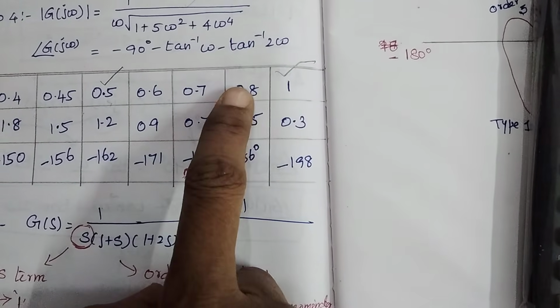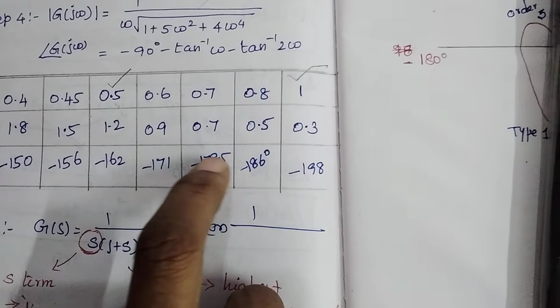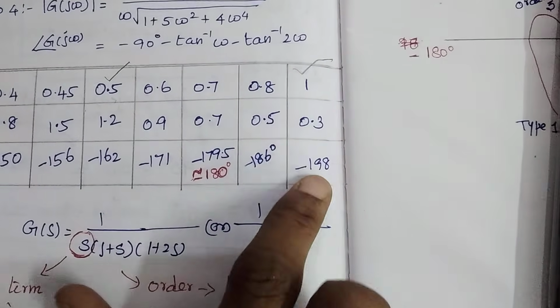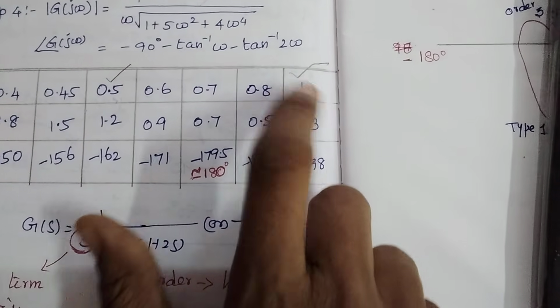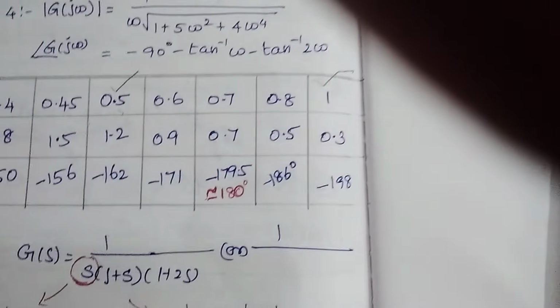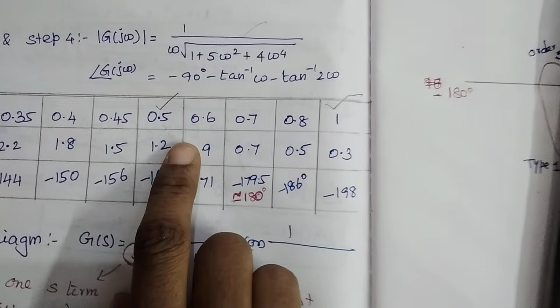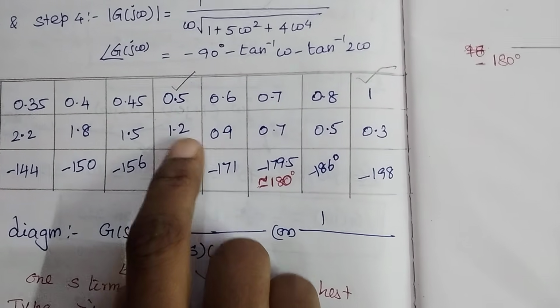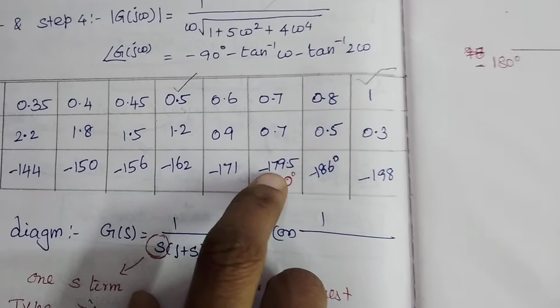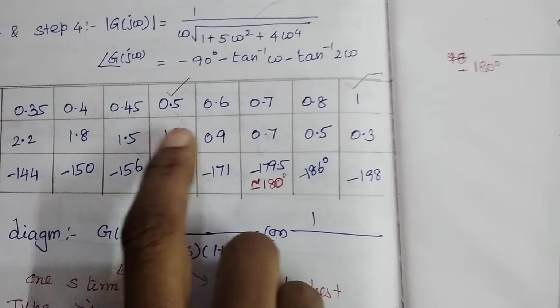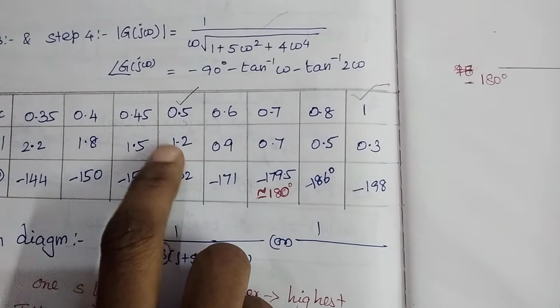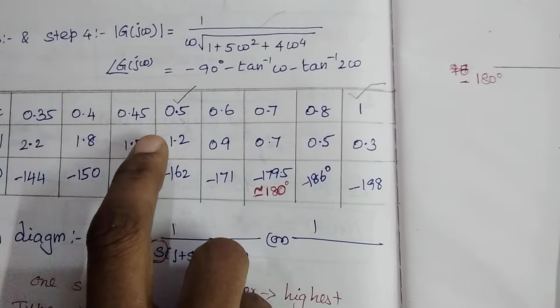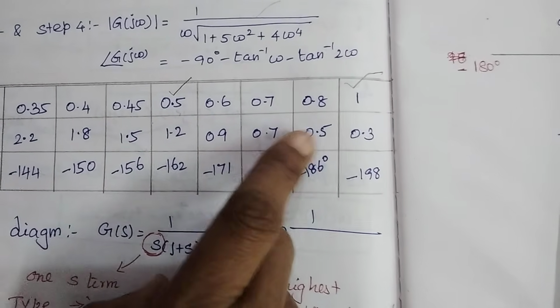Then do for 0.8 and similar cases, going up to the corner frequency 1. Then try to find the unity value in the magnitude, with phase angle 180 or nearer to 180. Here the magnitude goes on decreasing.